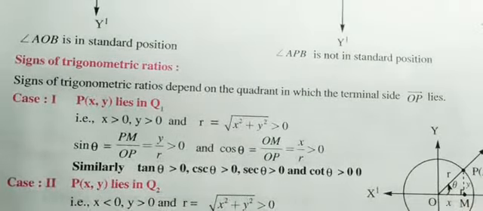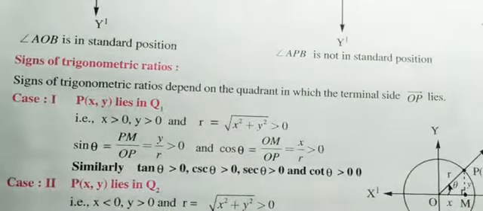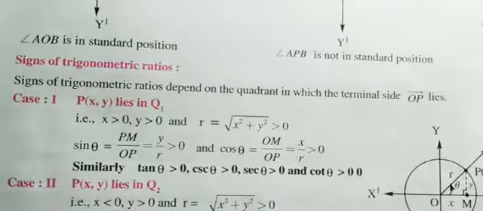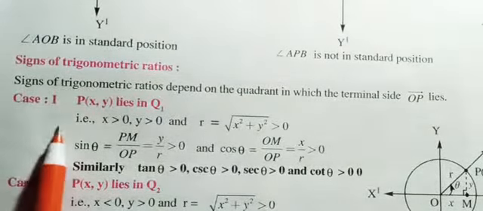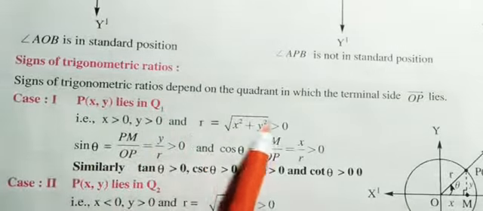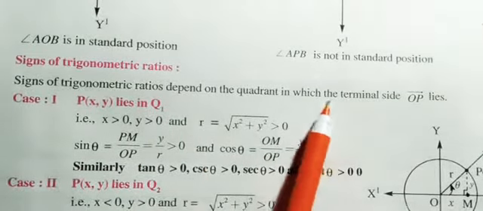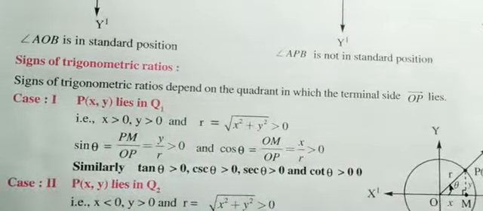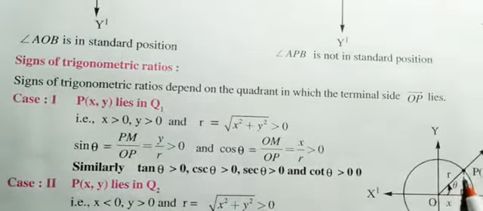So here the sign of a trigonometric ratio depends on the quadrant in which the terminal side OP lies. So we are discussing what OP is. First, we are discussing what P is.